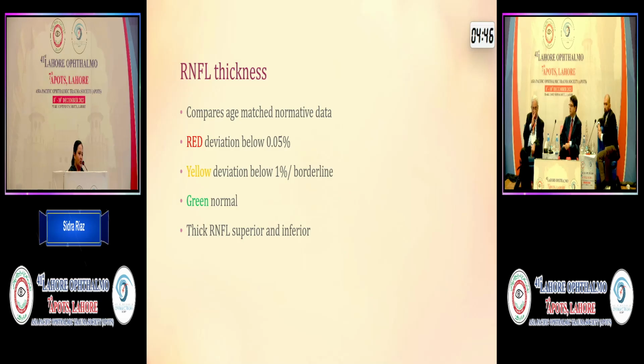The red colors, you all know, show the thinning, the danger area, because it is the deviation below normal, present in less than 0.05%. Green is the normal and yellow is the borderline. The thickness of the superior and inferior retinal nerve fiber layer is important, because the initial thickness changes are seen in the superior or inferior quadrant.